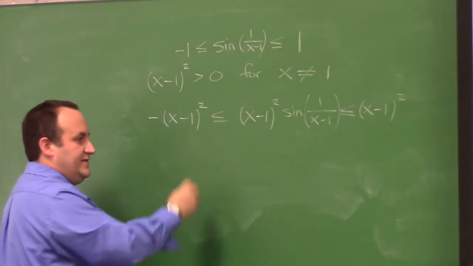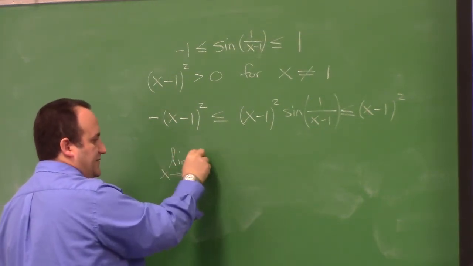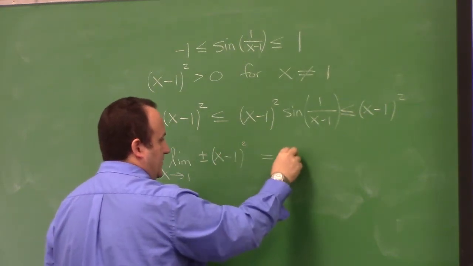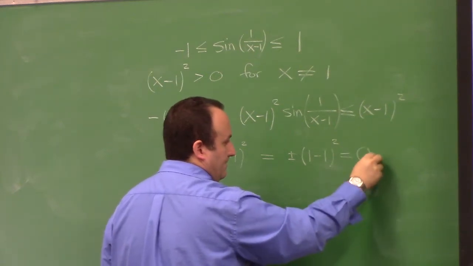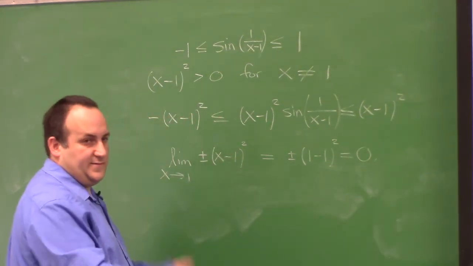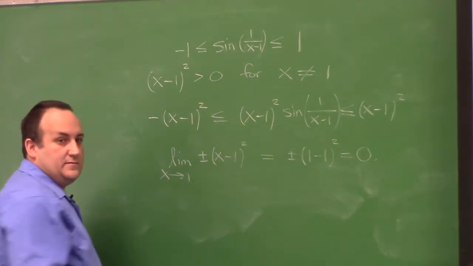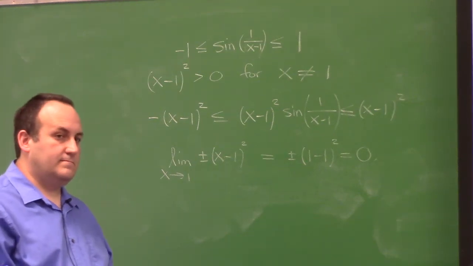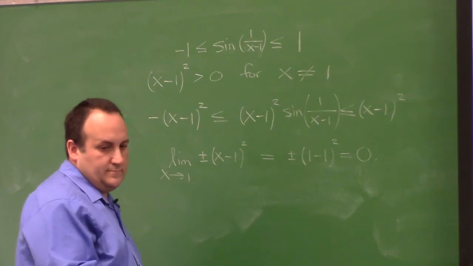And then the point is that the limit as x goes to 1 of plus or minus x minus 1 squared is equal to plus or minus 1 squared, which is otherwise known as 0. Thus, by the squeeze theorem, I can argue that the limit of the middle function also is 0. It makes sense. I just want to make sure I didn't put the x minus 1. Sure, sure.